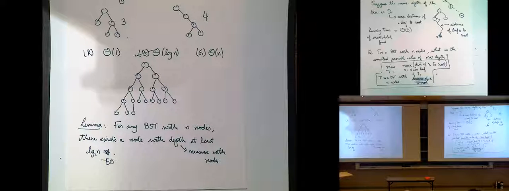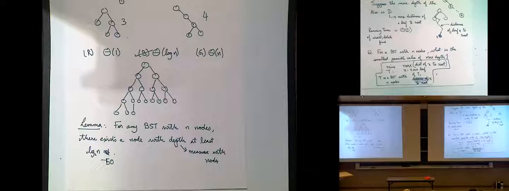Because there is a node of depth at least 100, so there is a node of depth at least 100 minus 50 as well. And the point is that this is increasing with n, and this is a constant, of course. Mathematically, one statement implies the other statement.